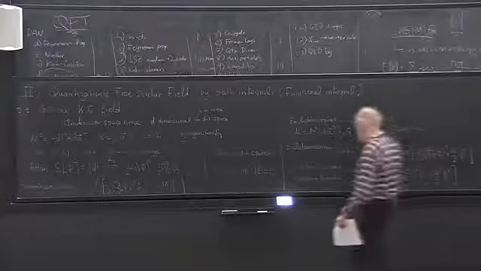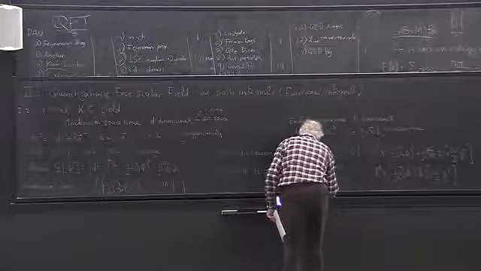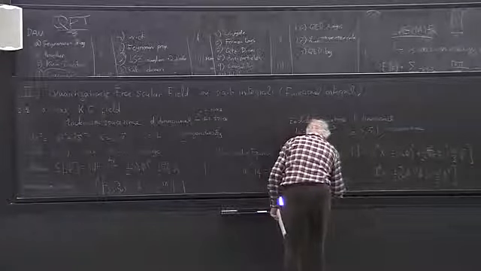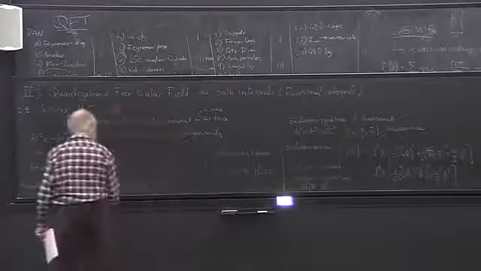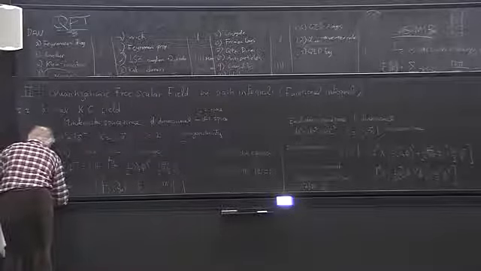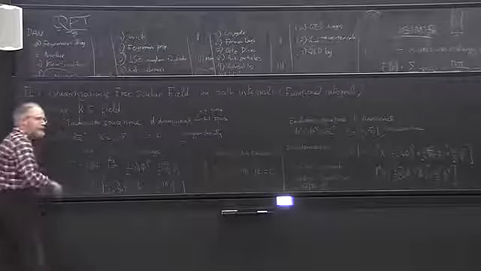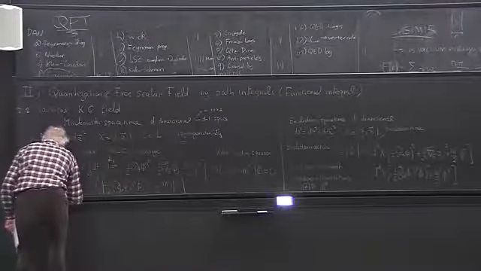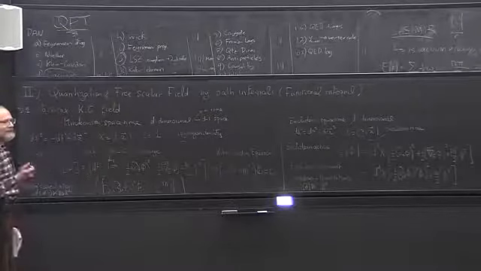So you have O(D) with the semi-direct product with R^D translations, where here it's O(1, D-1) semi-direct product with R^D. Time translation, or if you prefer, R+ times R^(D-1), time translation and space translation.